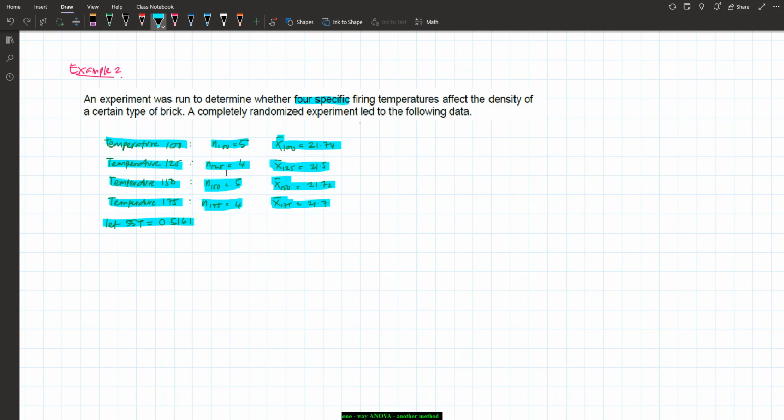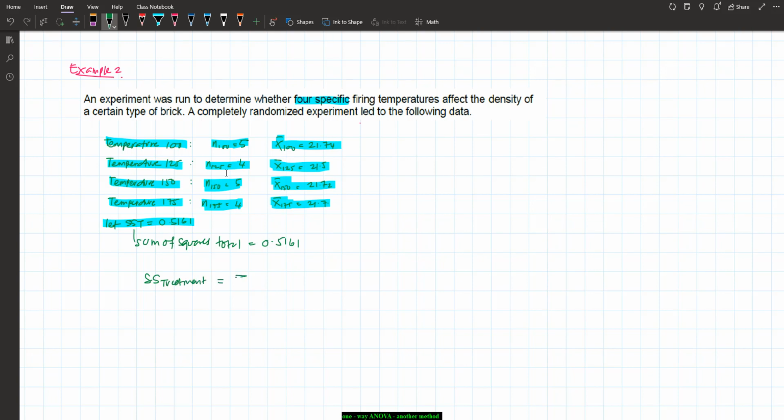Let SST, the sum of square total, equal 0.5161.